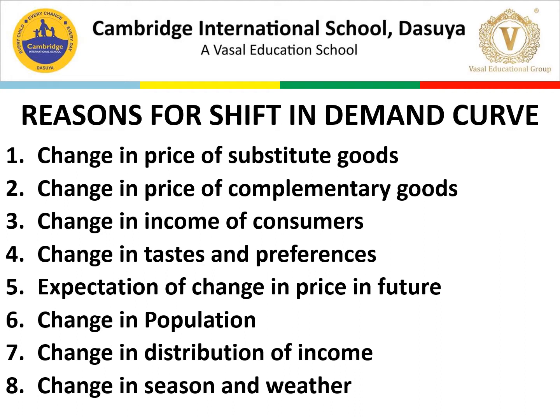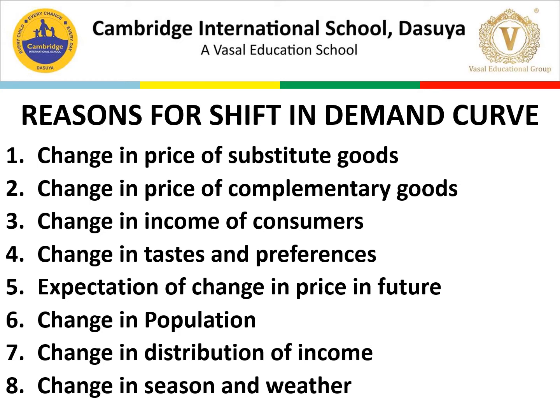Other factors remaining constant, these are all factors, ceteris paribus. Change in income of consumers, change in tastes and preferences, then change in expectation of change in price in future. I told you about petrol and diesel prices. Then change in population. If we get more population of women and children, we have already discussed that in determinants.